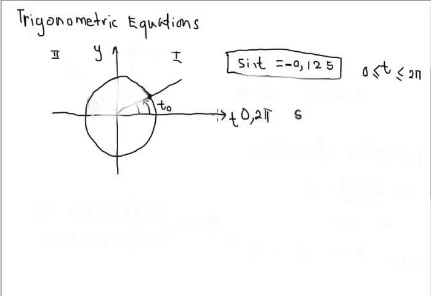I'm going to say, okay, let's have sine T0 equals 0.125. Check what I've done, guys. I've taken that equation, ignored the sign, and used the reference angle and said 0.125. Like I'm going back to the initial equation. All together. Now, there is the angle, the reference angle.